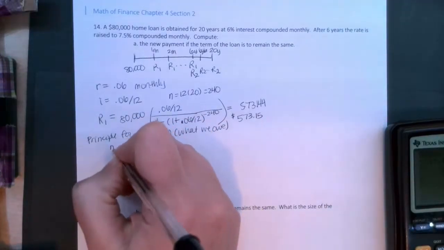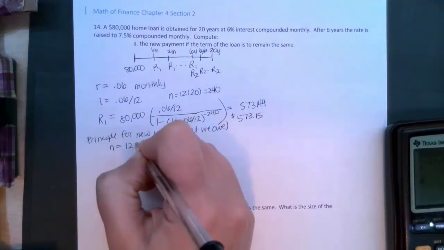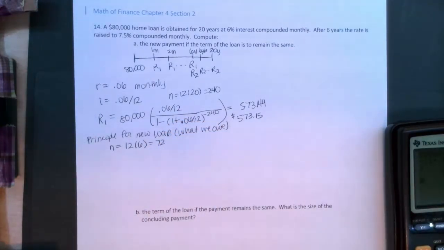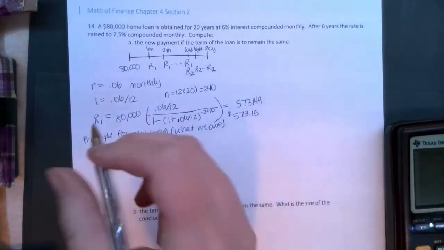So for 6 years in, it's going to be 12 months times 6 years, so that's 72 payments. So we're going to use our leftover formula for 72, so after the 72nd payment.